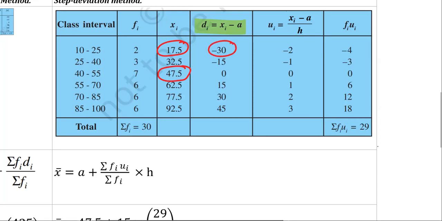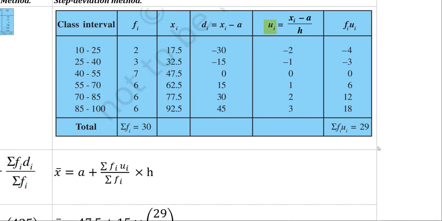Similarly, if you subtract 47.5 from 32.5, you'll get this. For example, if I am interested in finding out how we get this value, it is again the same, that is xi, which in this case is minus A. So on calculating these values, we'll get di.